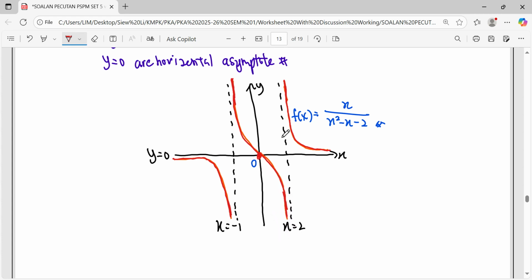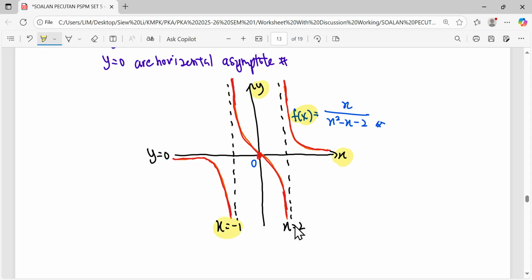Lastly, label your graph. Label your origin, because the origin is your intercept, so we need to label it. Make sure how many labels you need to have here. First is your function, then your x-axis, y-axis, then your asymptote labeling, and of course your intercept here.